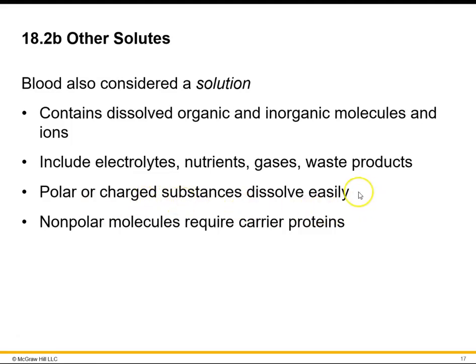That is, they love water, so they can interact with the water of the plasma. Nonpolar molecules, on the other hand, they don't get along with polar substances. So a nonpolar molecule is going to require some sort of carrier protein in order to help carry it through that water and dissolve it in the water.